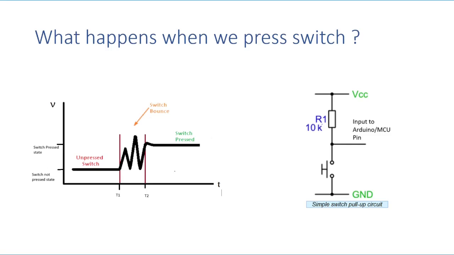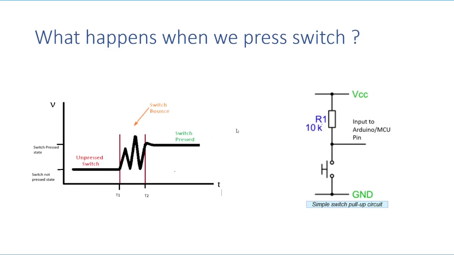To solve this problem, we use something called debouncing, where once the switch changes state, we check that the switch is stable for some time, let us say 50 milliseconds or 100 milliseconds. Only then do we take that value for processing, like a switch is pressed.